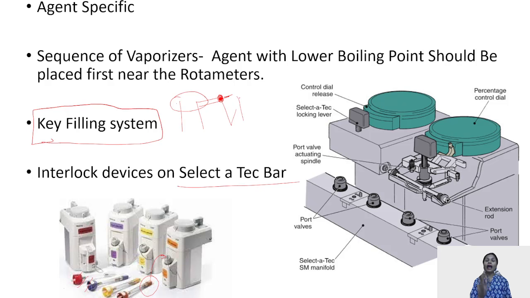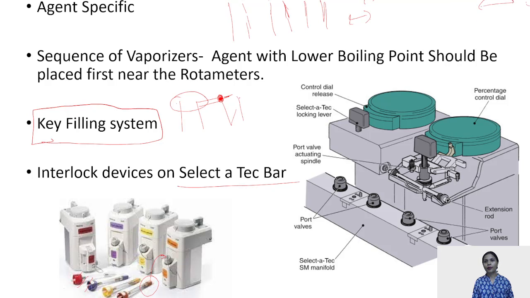As you had a sequence of flow meters, you also have a sequence of vaporizers. Just remember, lower boiling point agents are placed near the flow meters. If you have these flow meters, the vaporizers which have the lowest boiling point are near the rotameters. Low boiling points are near the rotameter and high boiling points are near the common gas outlet.